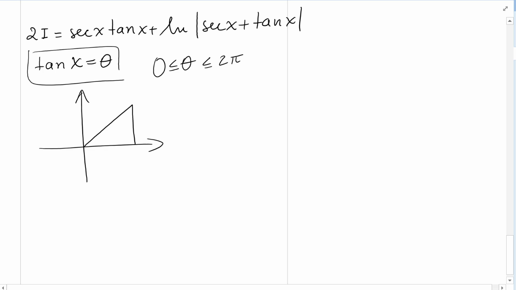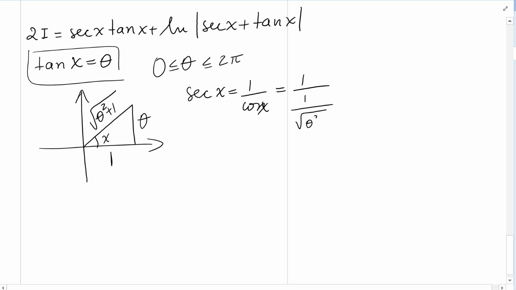let's say, what would be secant of x, for example. Tangent of x means the opposite over adjacent, so theta over 1. So the hypotenuse would be the square root of theta squared plus 1. So secant of x is 1 over cosine of x, which is hypotenuse over adjacent.